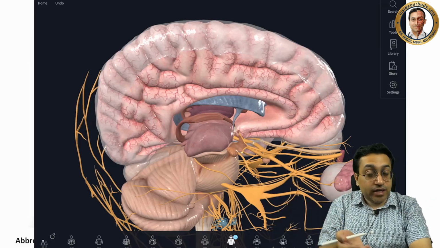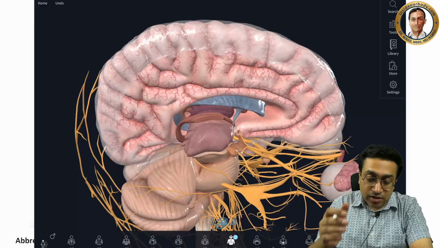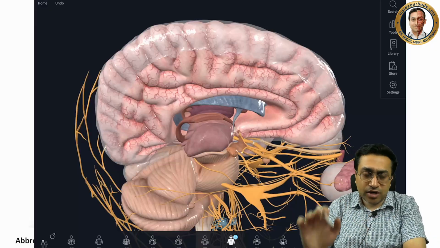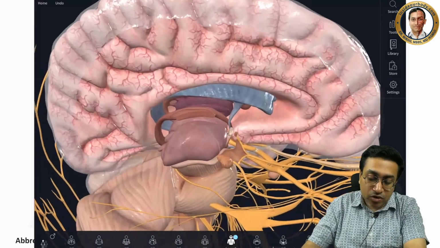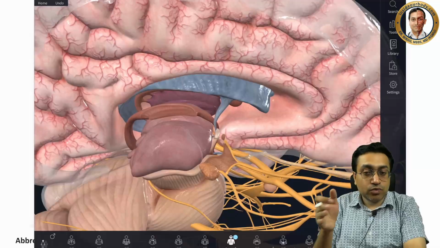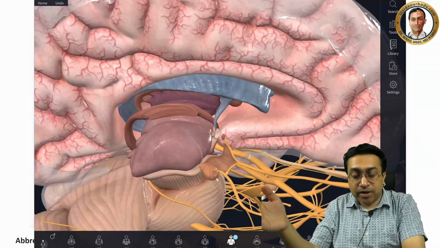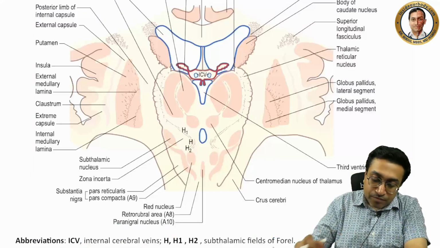There can be an MRI image, or a real-time cadaveric image. In the viva also it is asked. It is a very common area which is tested in all sets of students. So this should be very much embedded in your brain. What all parts will be visible when I take a section in the midline, anterior to the midline, and posterior to the midline? Okay, next we come back.